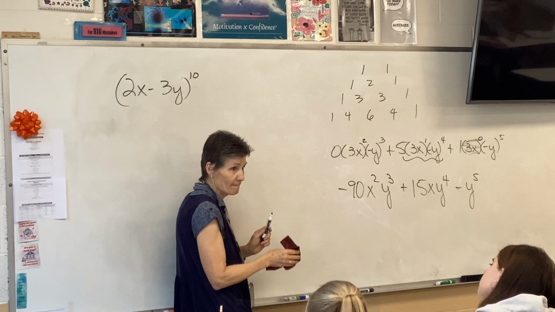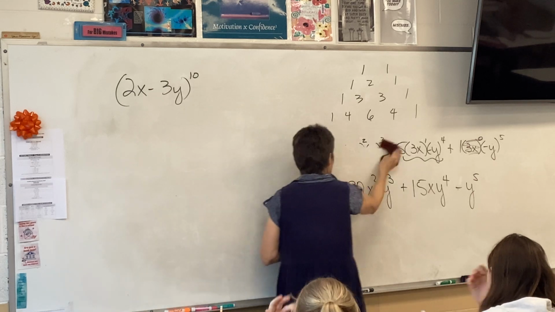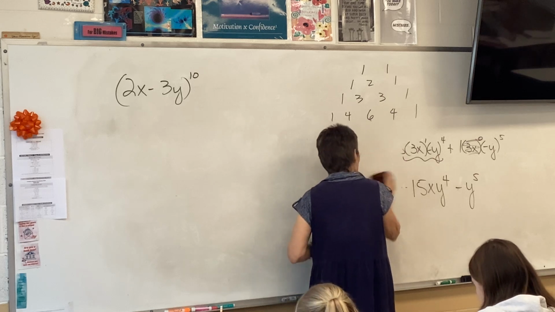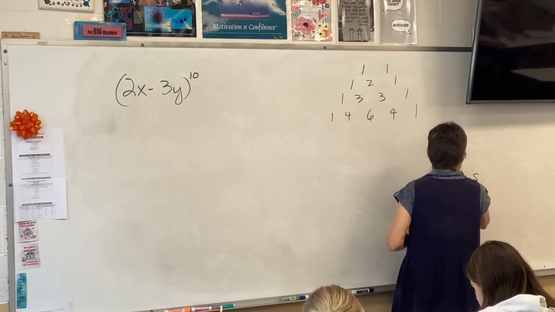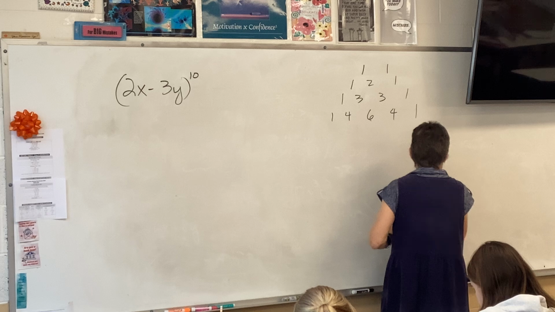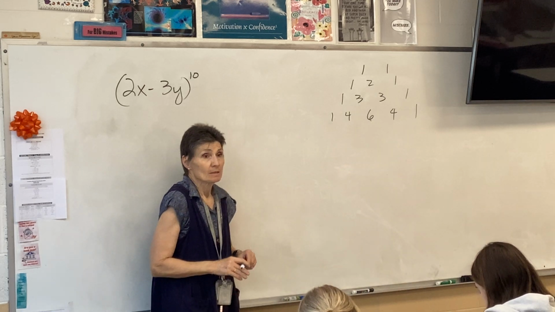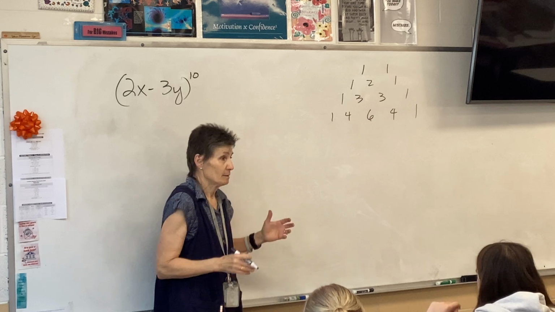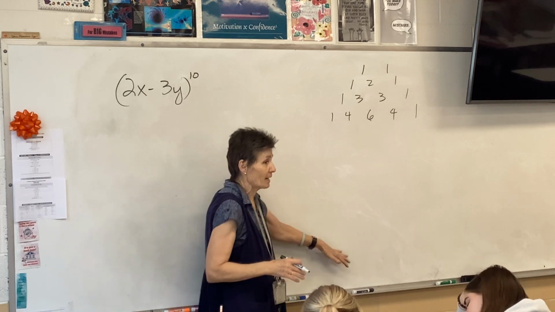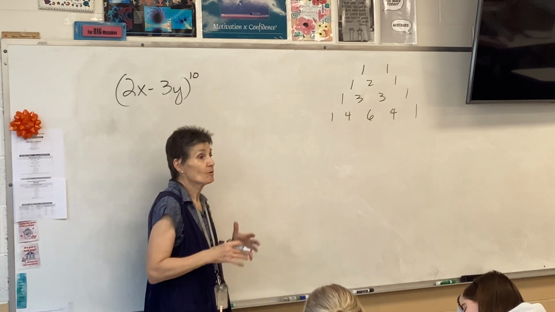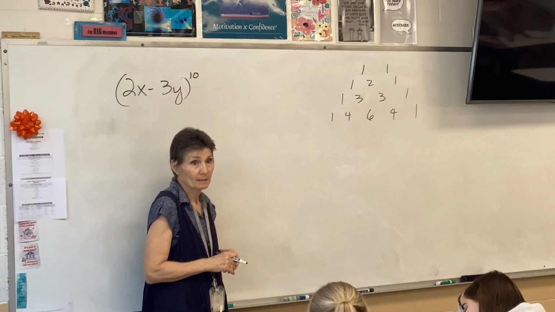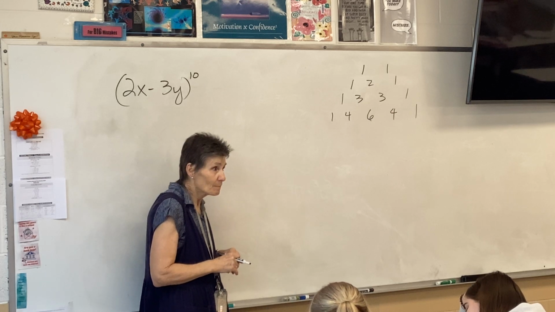Would you agree with that? So, I can either write out Pascal's triangle to the 10th row, and you all know how to do that. It's going to be big, it's going to take up a lot of space. The other option we have is what?